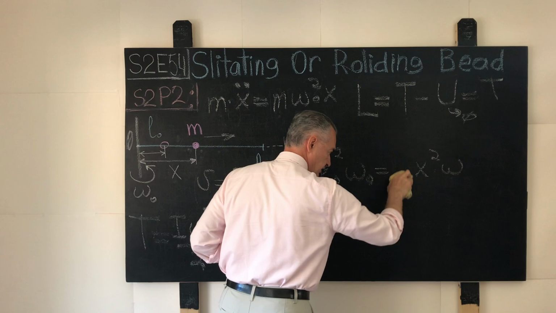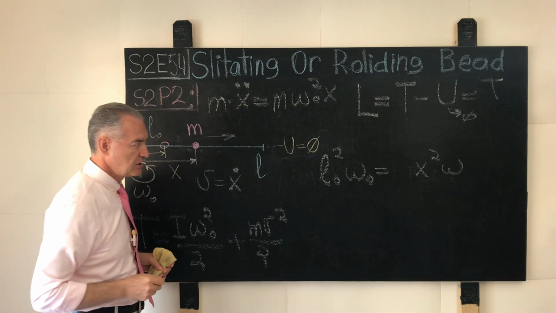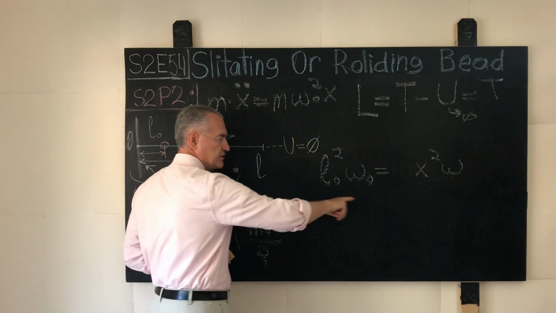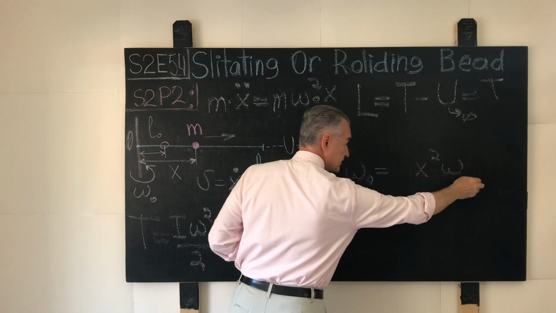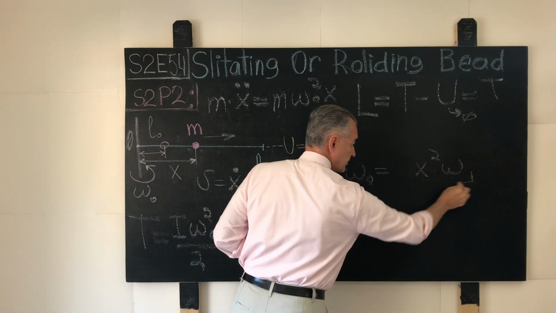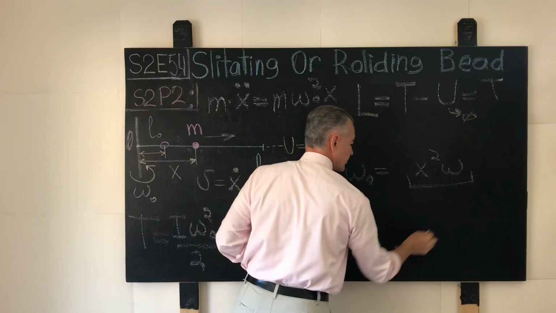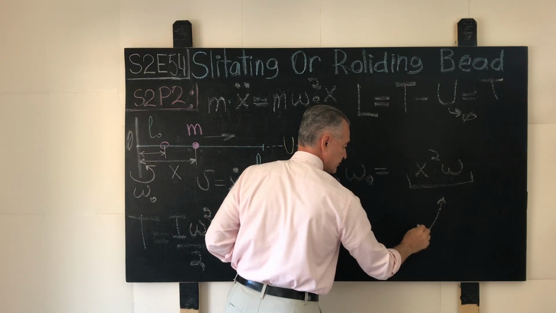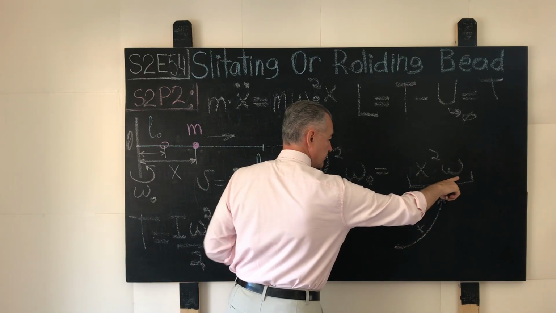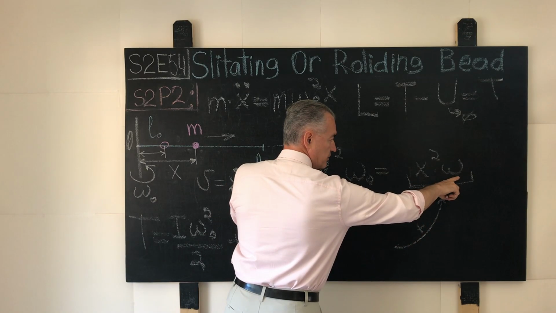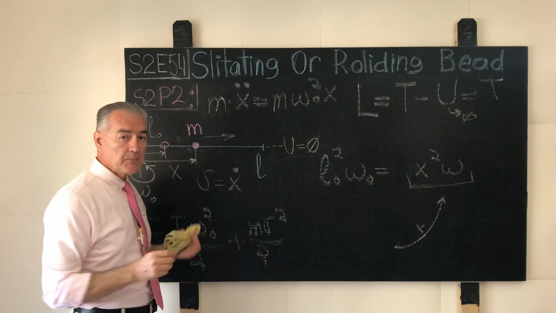It can be eliminated safely. It does not vary over time. There is no reactive motion here. L0 is a constant. Omega, in this case, we take to be a constant. That means that for this quantity to be a constant, we have x. X increases somehow. X grows. This is our x. With time, it becomes larger. So for this balance to happen, the angular velocity of the bead must decrease.